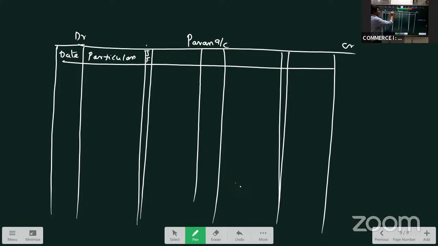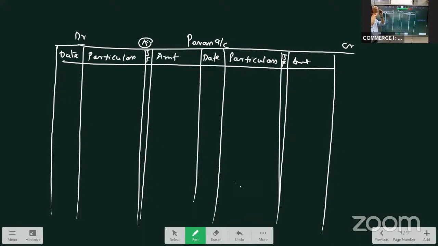And when we are doing ledger, we write JF, that is journal folio. Folio is a page. Date, particulars, JF, amount. Okay. So, as I said, we are preparing personal ledger.